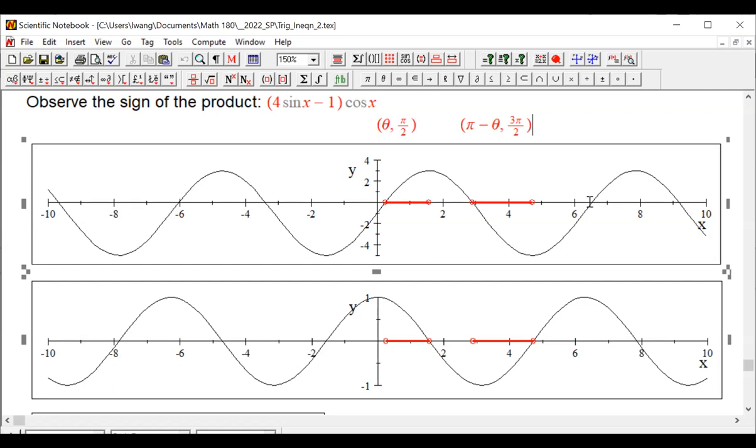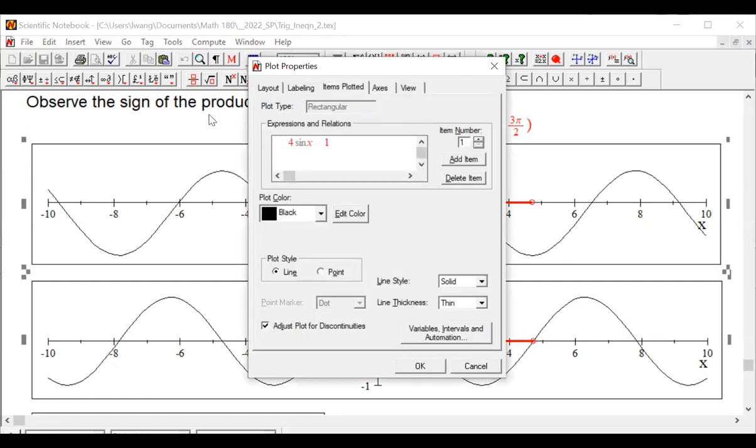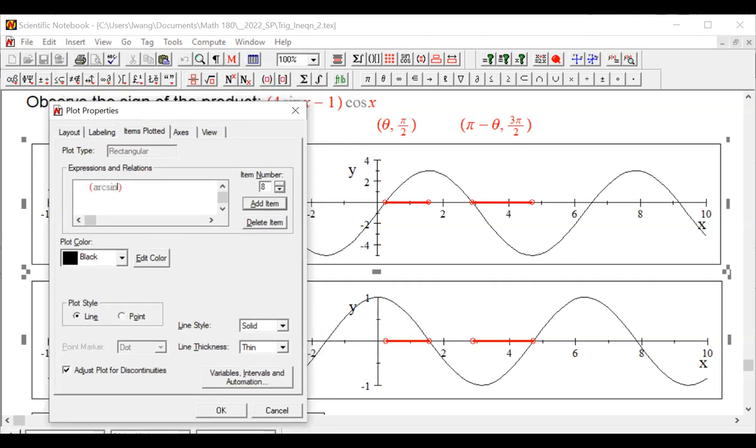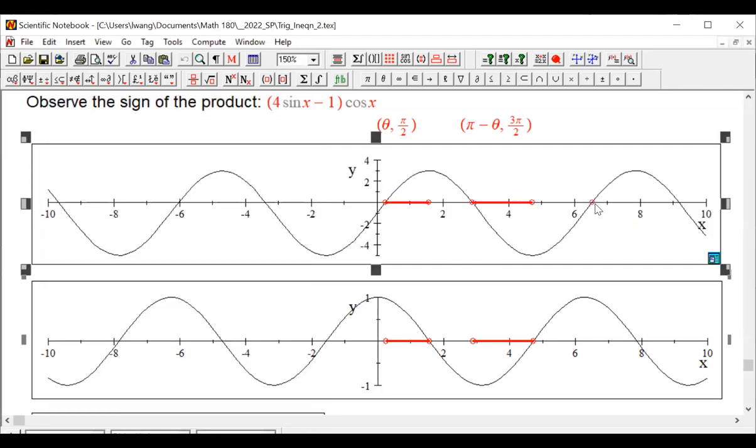The difference between this point and that point is 2 pi, so it's theta plus 2 pi. So arc sine of a quarter plus 2 pi, comma 0.